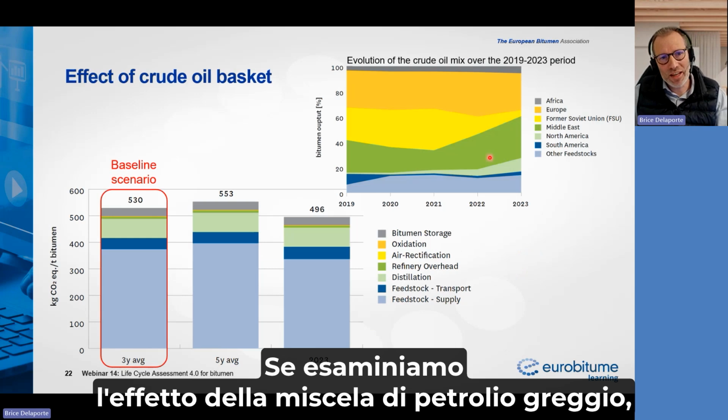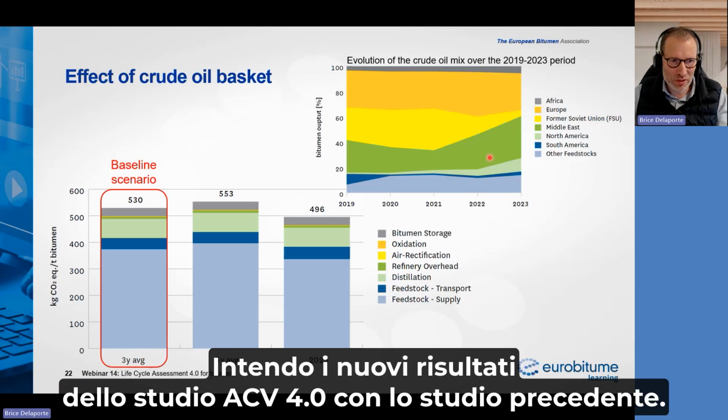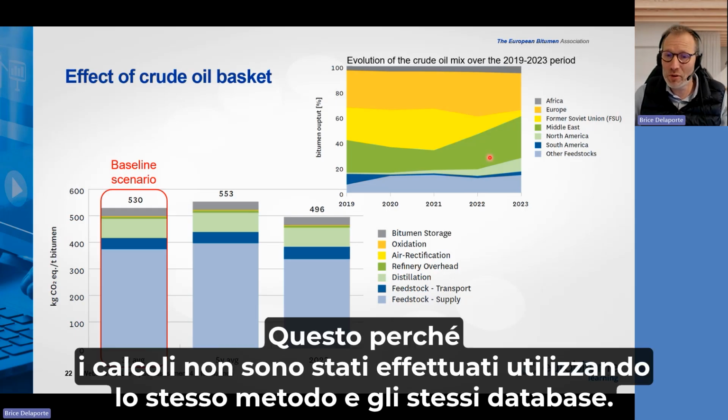If we look at the effect of the crude oil basket, once again, we cannot compare directly the new results taken from the study 4.0 with the previous study because the calculations were not carried out according to the same method and the same databases.